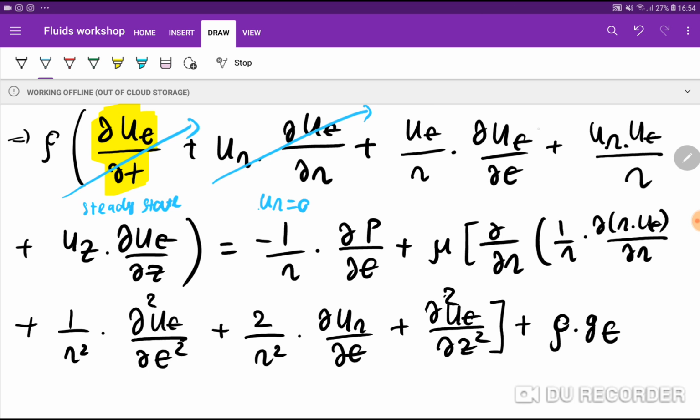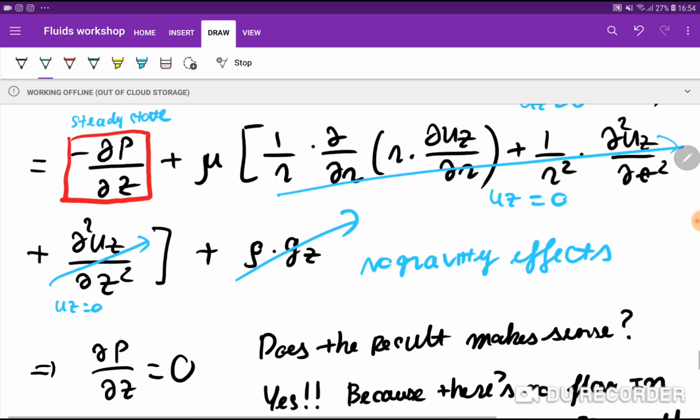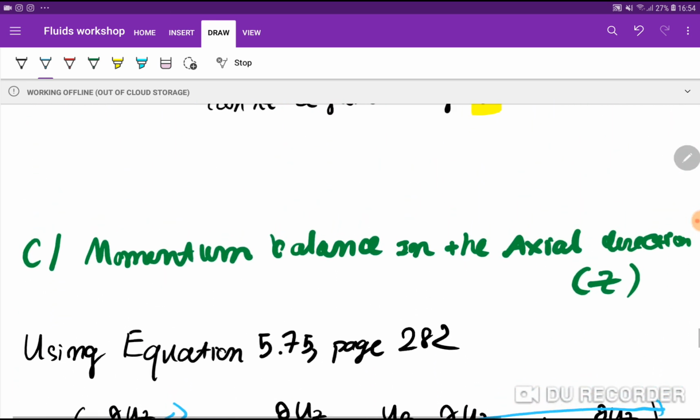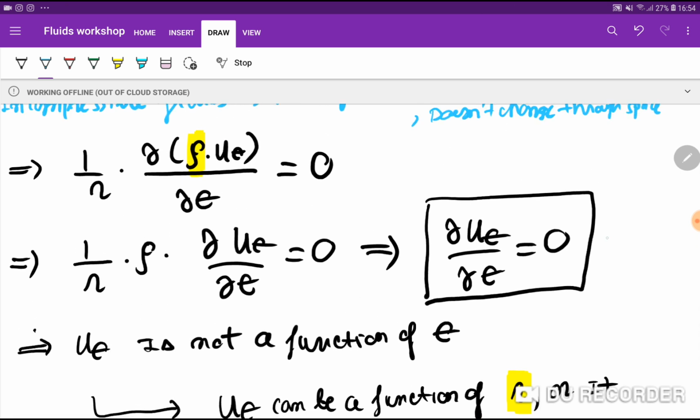Okay, this term right here, you guys have to be careful. u theta is not 0, right? But this term right here, the partial of u theta over partial theta, is actually 0. The reason is the continuity equation. So this is the result we obtain from the continuity equation.